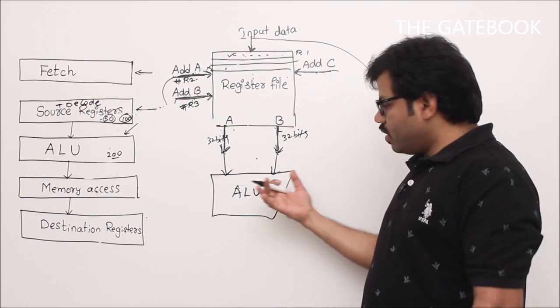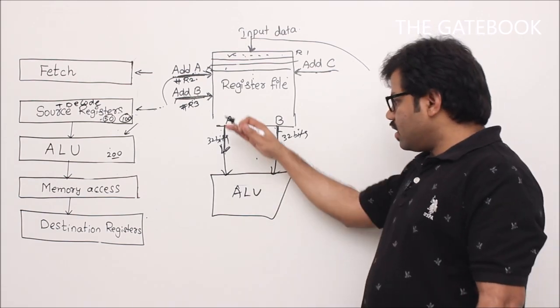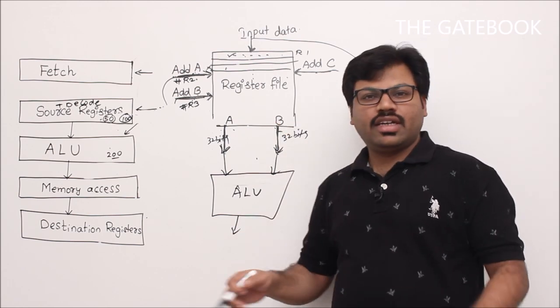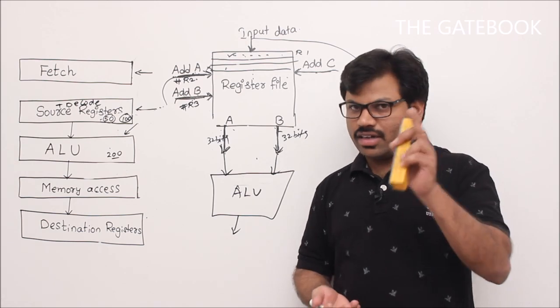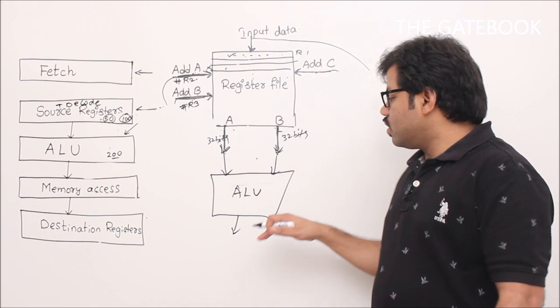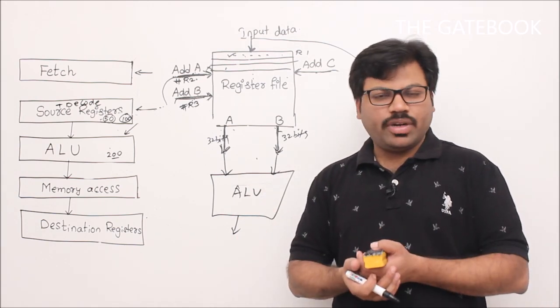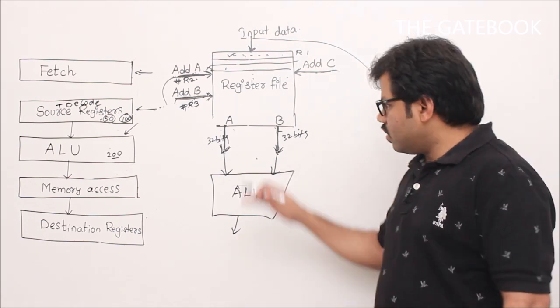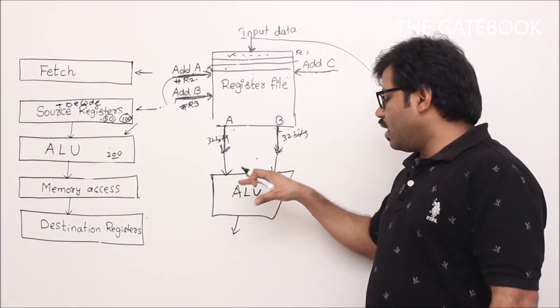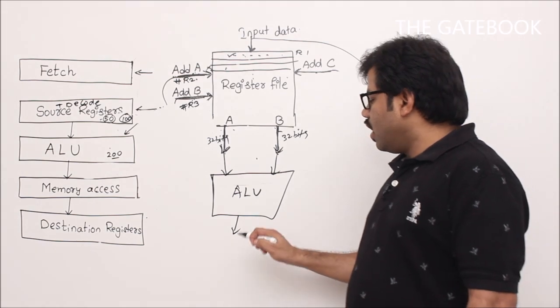Assume that this ALU is designed such that it can take 32-bit inputs and add them. Sir, you did not teach us how to do addition? Already I taught you, in the arithmetic part we have covered that. How to do addition of 32-bit numbers we have seen, right? So this box should be replaced by that adder circuit. Then you get the result.